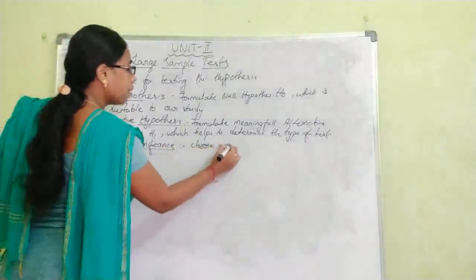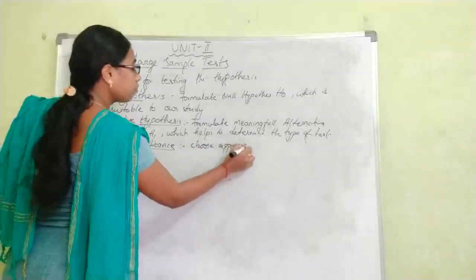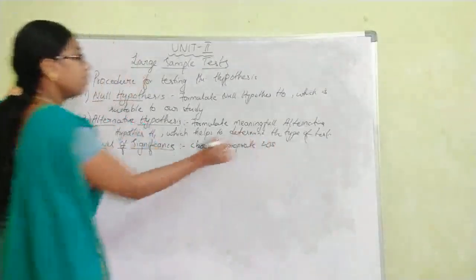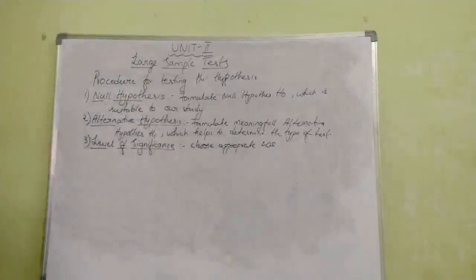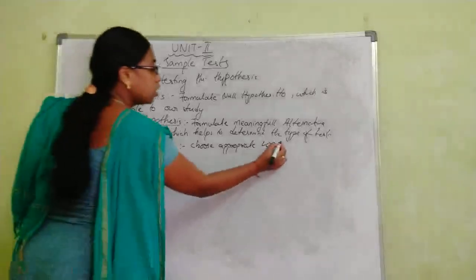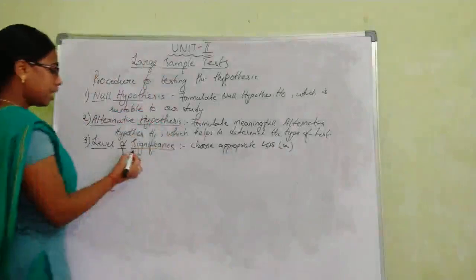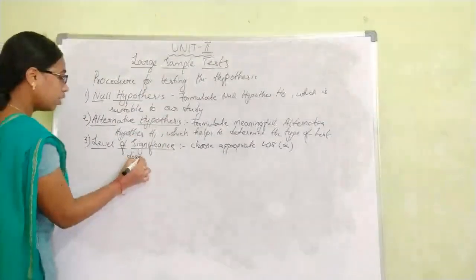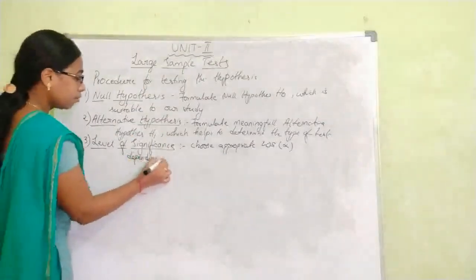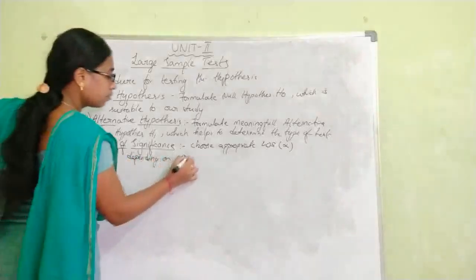Whatever is suitable, we have to consider the level of significance depending on the permissible risk. The level of significance is denoted with alpha, depending on the permissible risk.